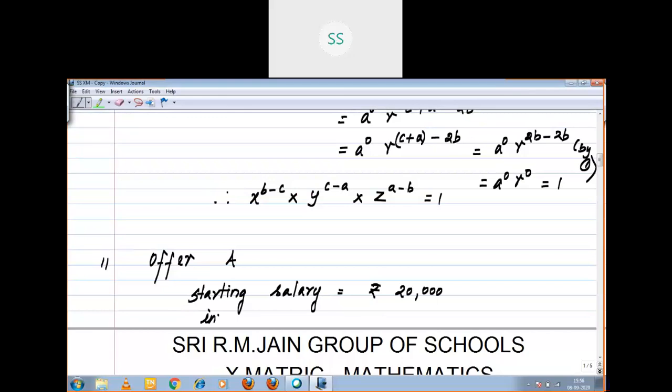Increase in salary per year: what is it? 6% they said, right? Increase in the salary is 6%. That means 6 by 100.